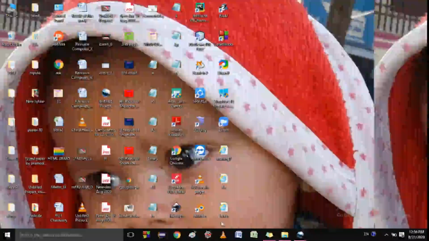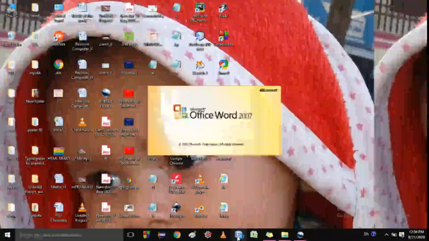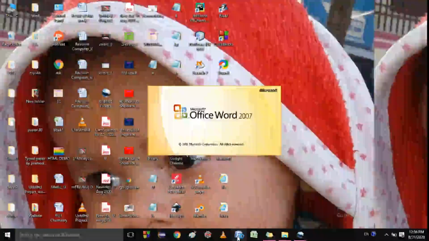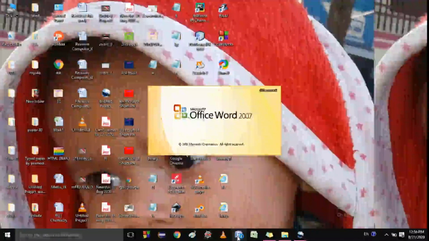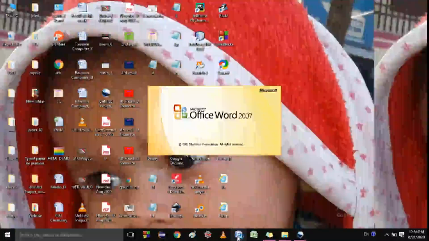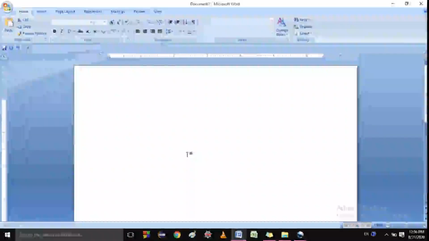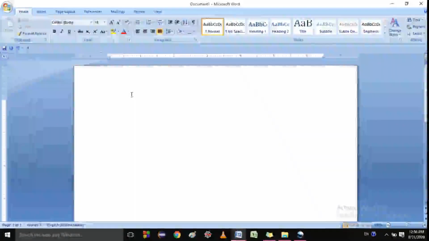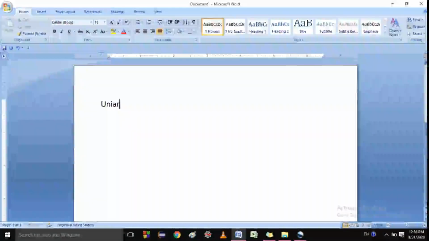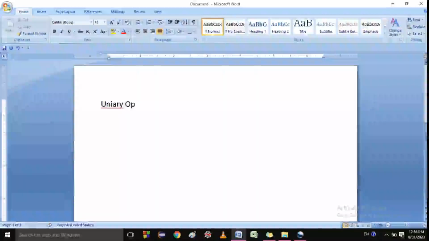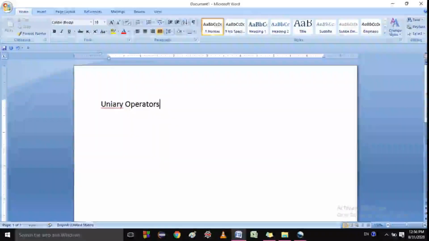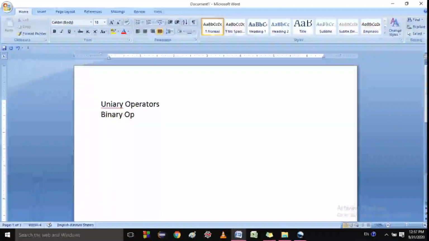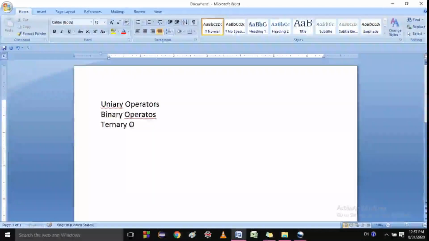Let me write it over here, then you can understand it clearly. The first one is unary operator, the second one is binary operator, and the third one is ternary operator.